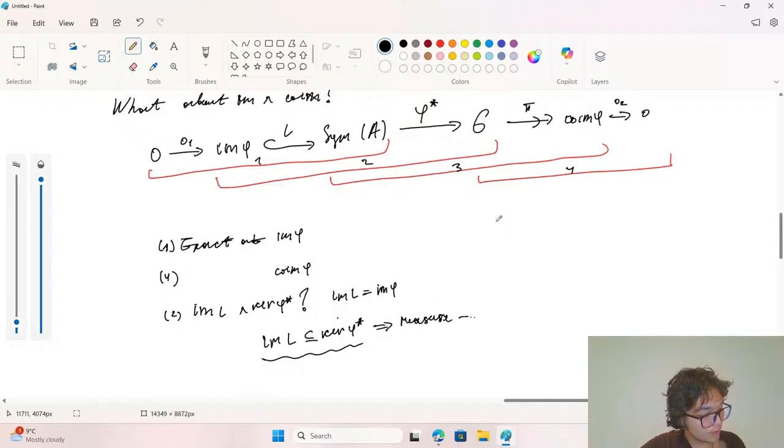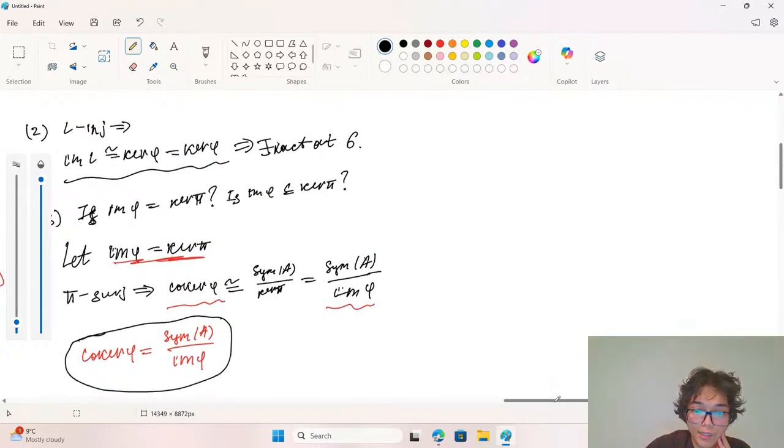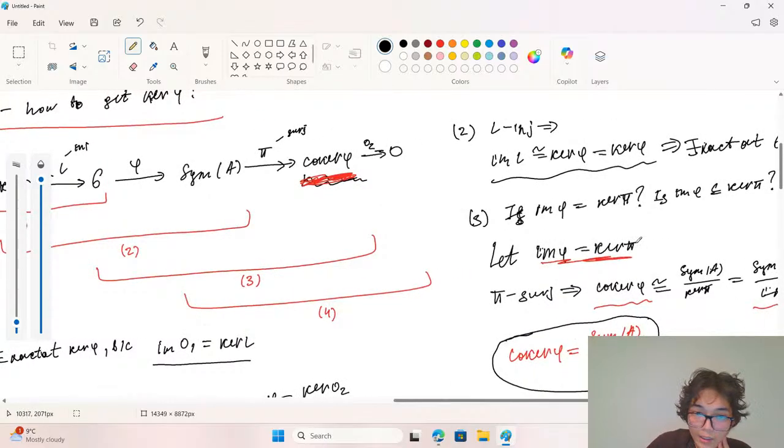And also here, for example before, image of phi is equal to kernel pi. Kernel, we know, is a normal subgroup of symmetry of A. But by this equality, it means that image of phi must also be a normal subgroup of symmetry of A. But generally, image of phi is not a normal subgroup.